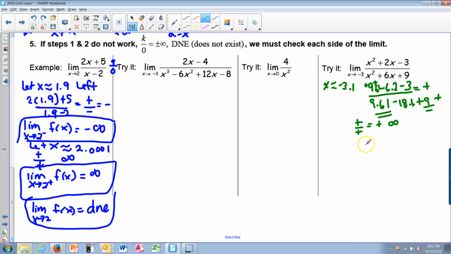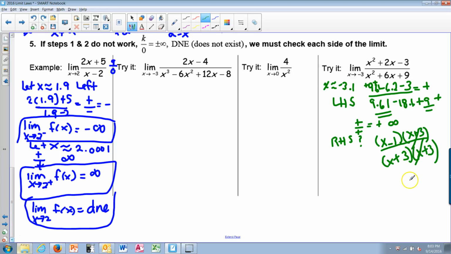But that's the left-hand side. What about the right-hand side? Another way to think of this is to think about your factors. If I factored the numerator and factored the denominator, I wouldn't need a calculator. x plus 3 and x minus 1, x plus 3, x plus 3.